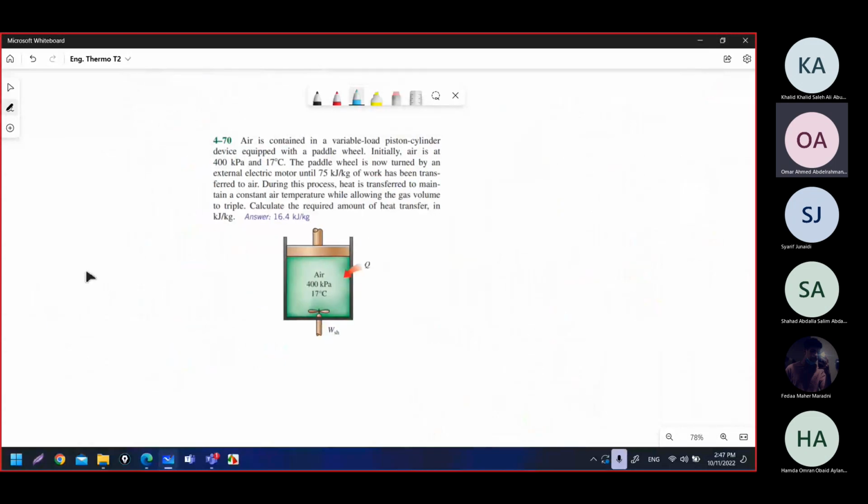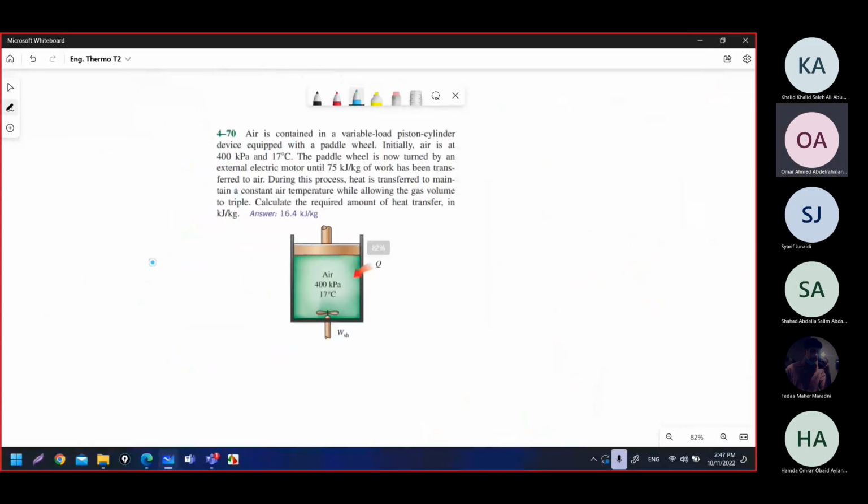So here we have air. It is contained in a variable load piston cylinder. We have a piston cylinder device equipped with a paddle wheel. So we have a shaft work here on the system, on the air. Initially, air is at 400 kilopascal and 17 degrees Celsius.